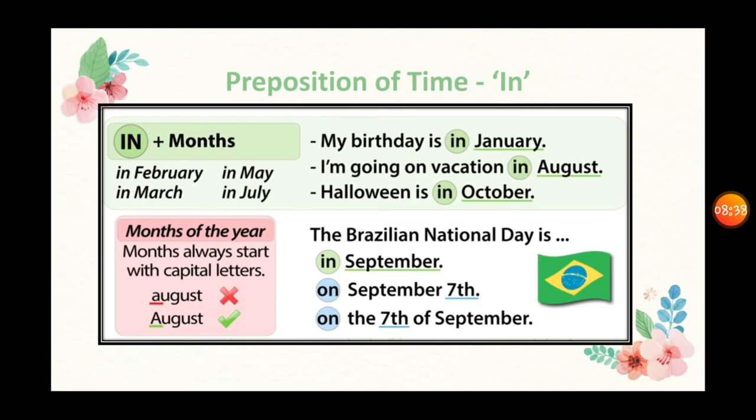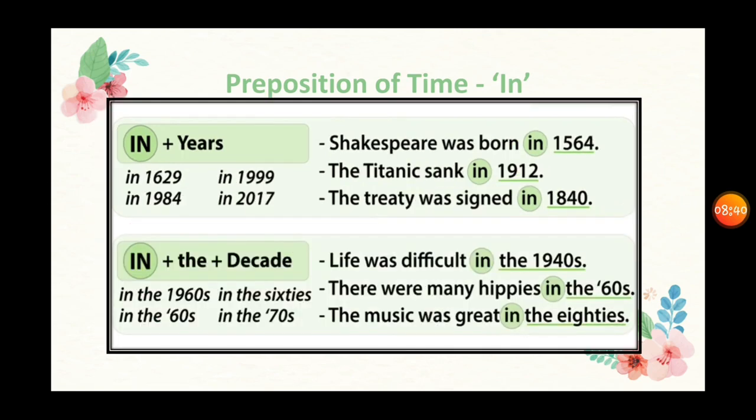Let's go for the next slide. For the preposition of time, when you are using any kind of year number, you have to use "in" before the year. For example 2020, 2017, 2019, whatever you want to use.